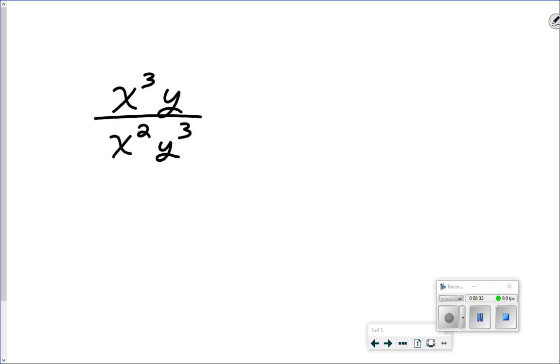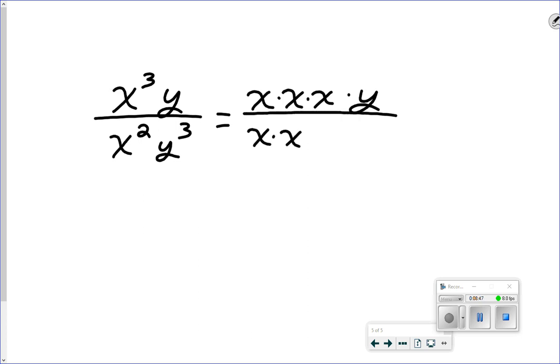That way we're not dealing with negative numbers. So if we use the method of canceling, I'm going to expand this out. X to the third is x times x times x. And then we have a times y. Remember, they have to be the same letter or number to do any canceling. On the bottom, I have x squared. And just so it lines up nicely, I'm going to line up the y's starting on top of this y.